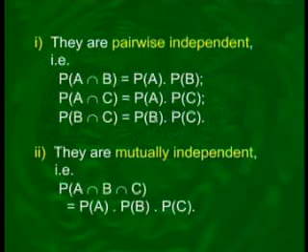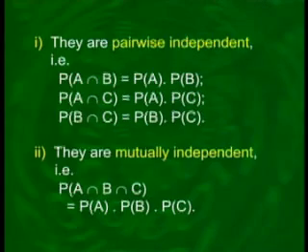Number 1, they should be pairwise independent, that is, probability of A intersection B is equal to probability of A into probability of B, probability of A intersection C is equal to probability of A into probability of C, and a similar equation for B and C. The second condition is that A, B and C should be mutually independent. That is, the probability of A intersection B intersection C should be equal to probability of A into probability of B into probability of C.